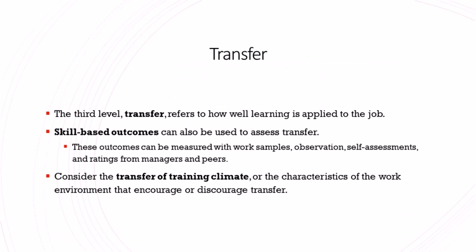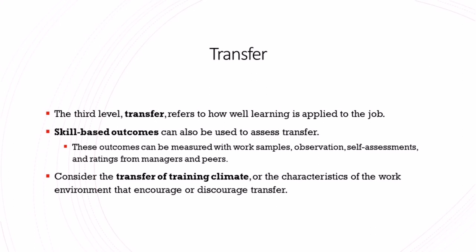You were already familiar with the concept of transfer of training, which forms the third level of outcomes in the Kirkpatrick-Phillips model. Again, transfer is the application of learning to the job. Just as skill-based outcomes can help us assess learning outcomes, they can help us measure transfer outcomes. In this level, we're concerned with technical and motor skills, as well as social and conceptual skills.